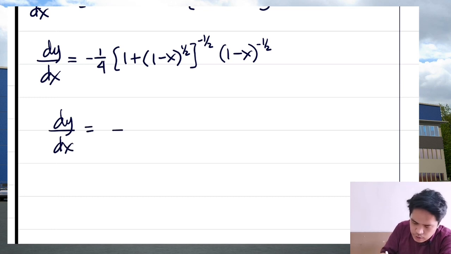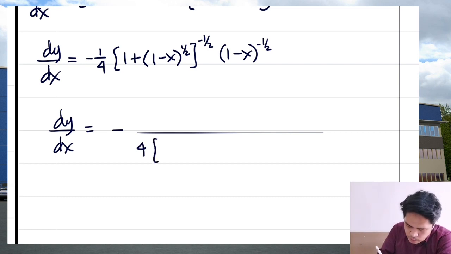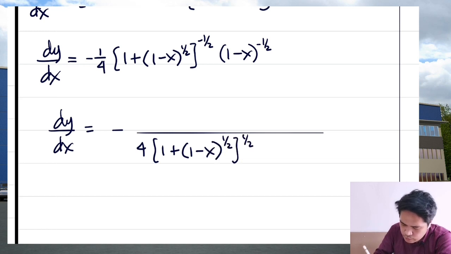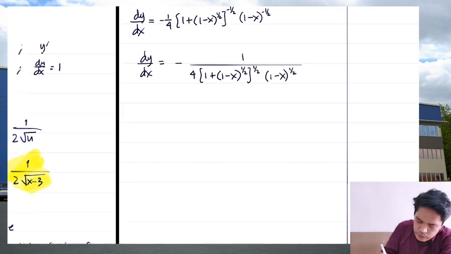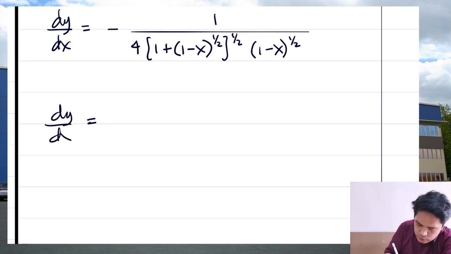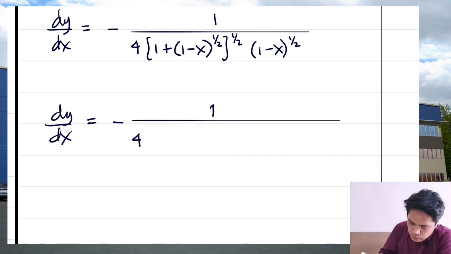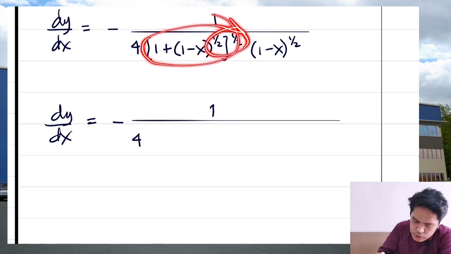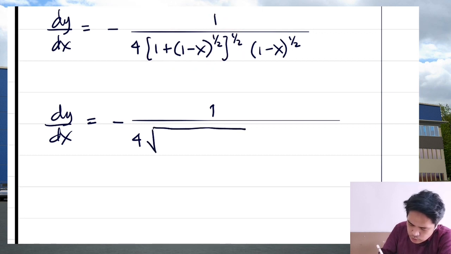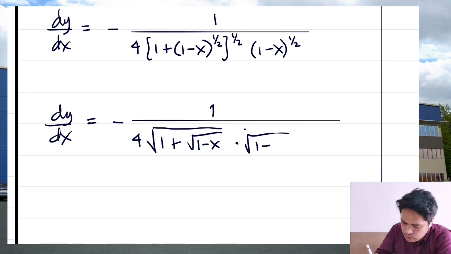So that would be negative, so 4 is here. So this would become 1 plus 1 minus x raised to 1/2 raised to 1/2 times 1 minus x raised to 1/2. Then if I change that to the original form, that would be negative 1 all over 4 times the square root of 1 plus the square root of 1 minus x, then multiplied by the square root of 1 minus x.